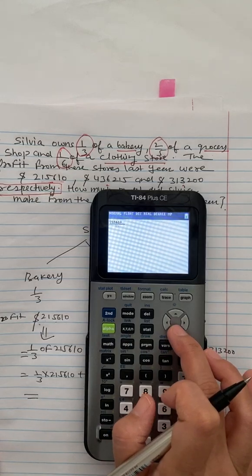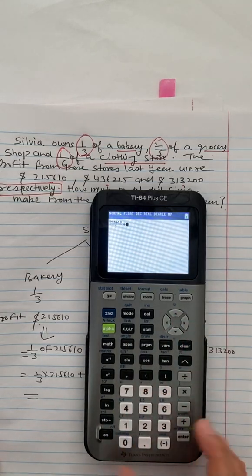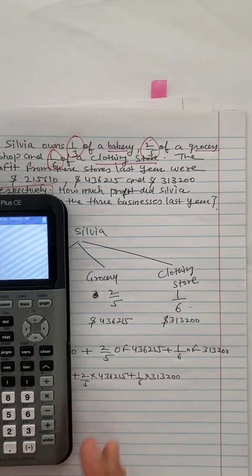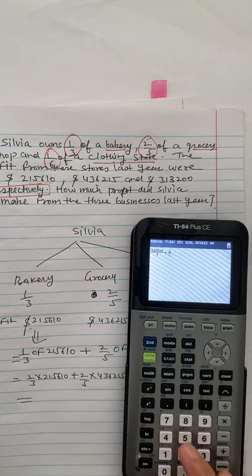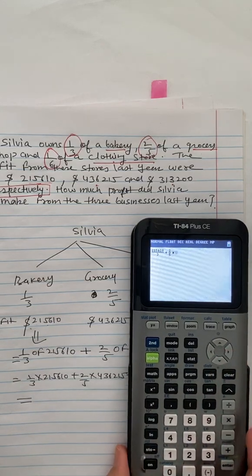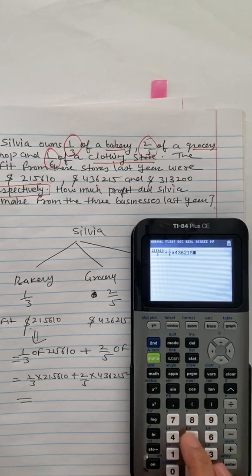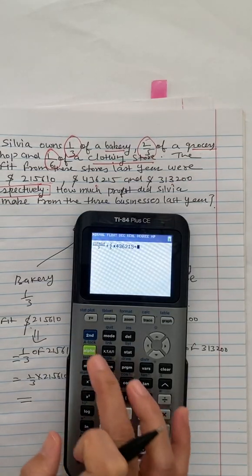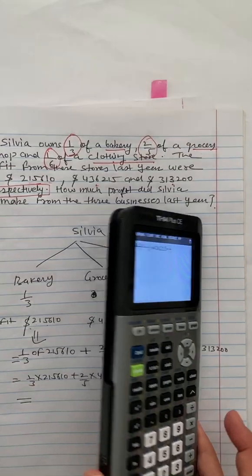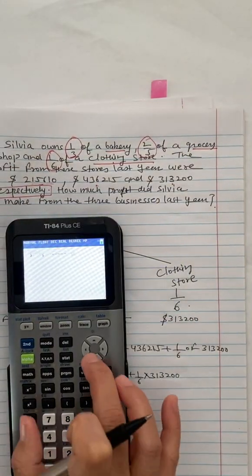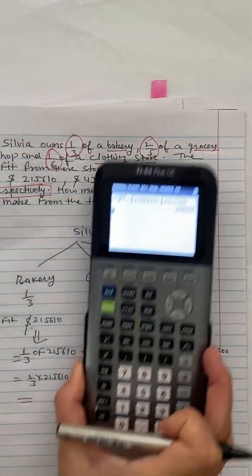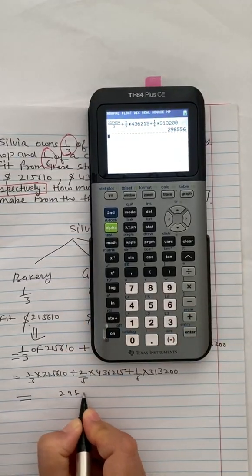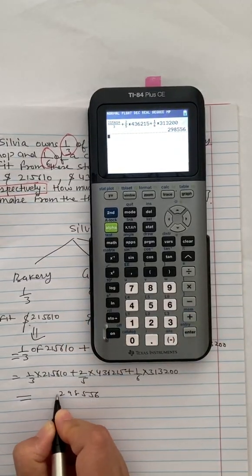So we got 215,610 divided by 3, plus 2 by 5 multiplied by 436,215, and then plus 1/6 multiplied by 313,200, and when I enter it, you get $298,556.